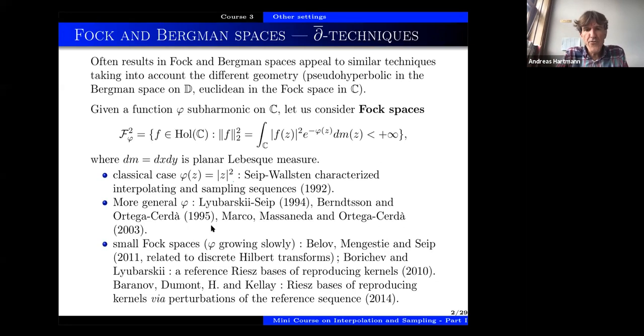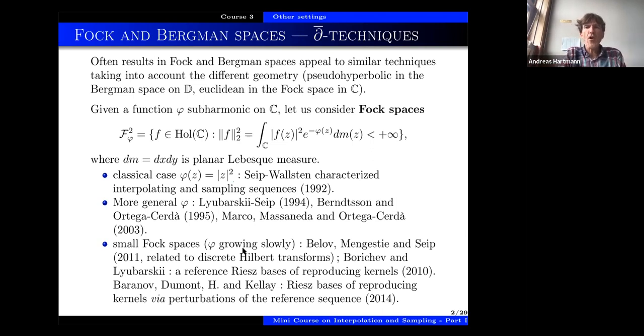But I would like also to mention this recent activity in so-called small Fock spaces. Small Fock spaces means phi grows slowly. If phi grows slowly, it means e to the minus phi decreases slowly, and so the functions f cannot be too big.